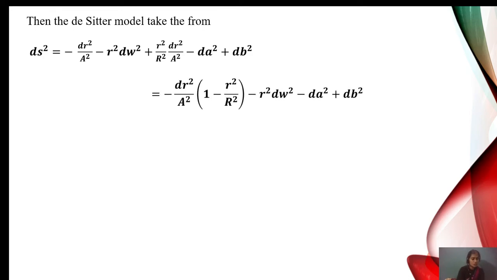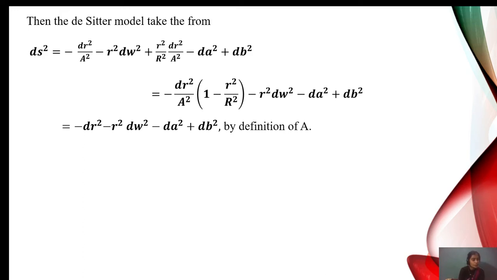Then the de Sitter model takes the form dA square equals minus dr square upon a square minus r square dw square plus r square by capital R square dr square upon a square minus dA square plus dB square. Solving, minus dr square upon a square is common in both.